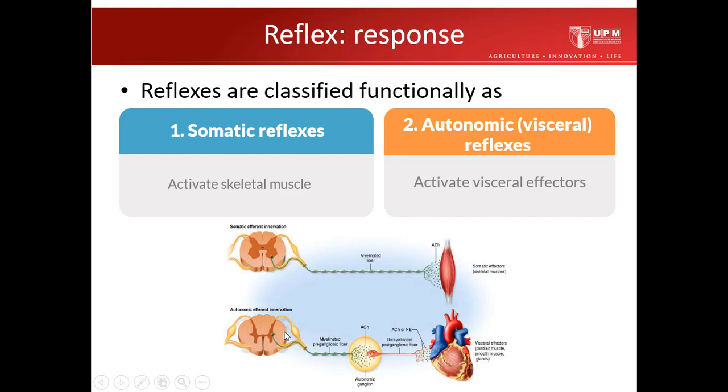The second one, the visceral reflex, is actually an autonomic reflex, and it occurs in the soft tissue organs of the body. Basically it involves the reflex actions of internal organs such as the heart, reproductive organs, and digestive system. And the autonomic nervous system is the one that is responsible for these visceral reflexes.